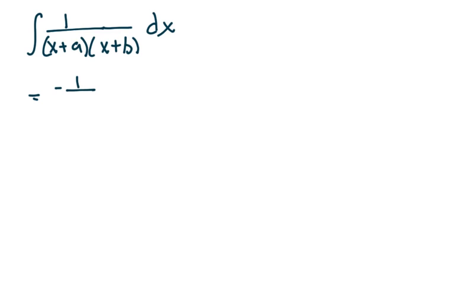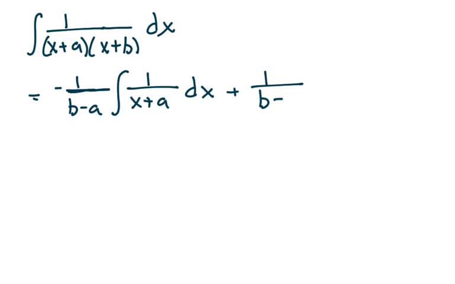So we get negative 1 over b minus a times the integral of 1 over x plus a dx plus 1 over b minus a times the integral of 1 over x plus b dx.